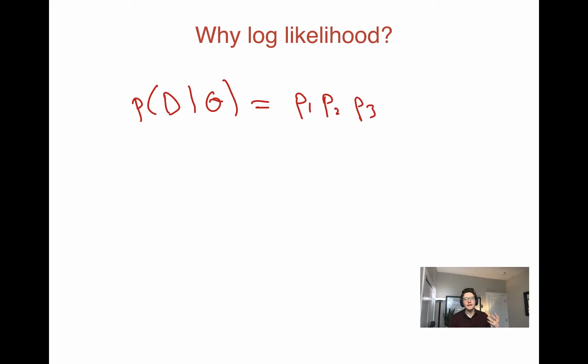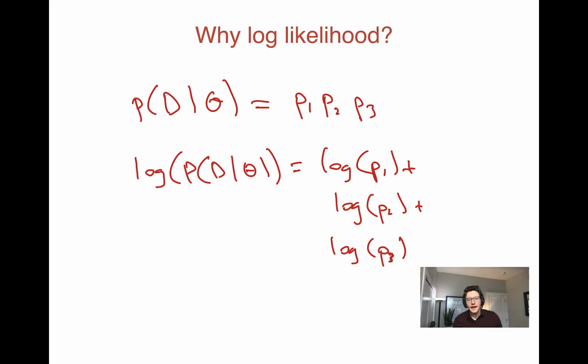One thing that's a bit counterintuitive is that we're used to adding things together. For example, if we get a new data point, we would think of adding on something to our likelihood, but instead we multiply on.